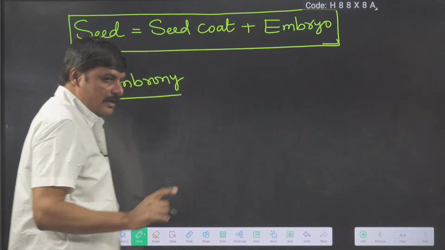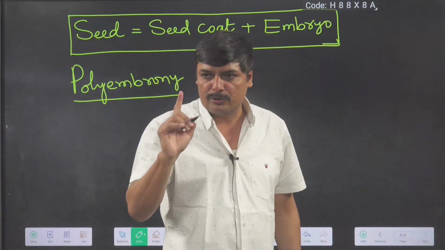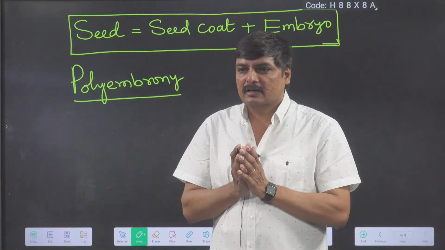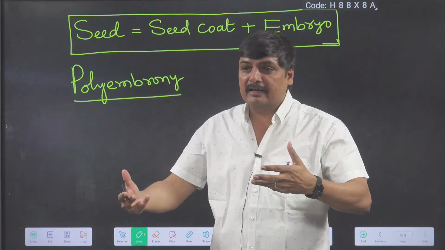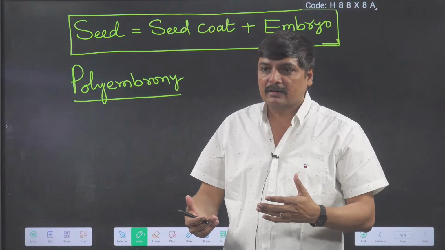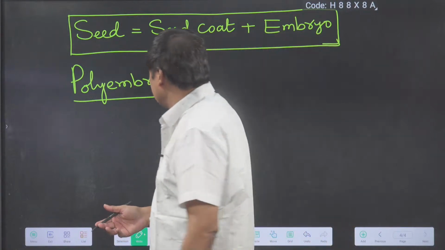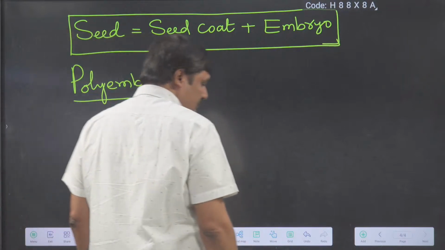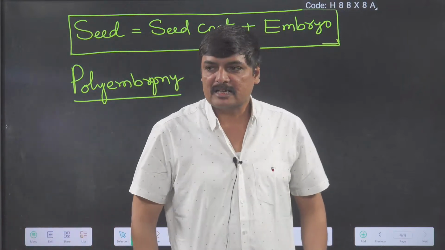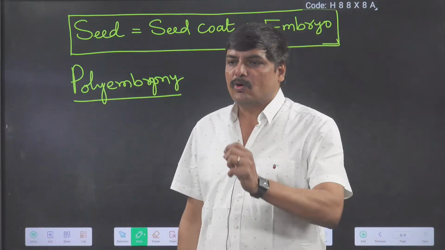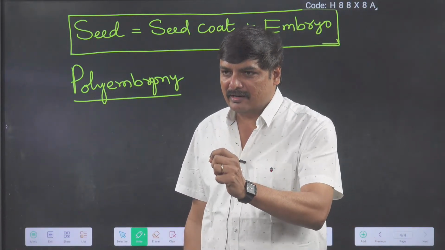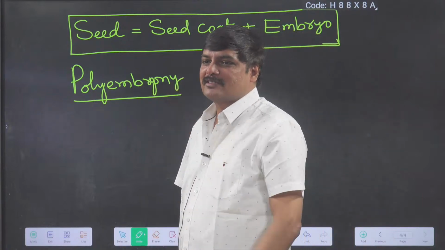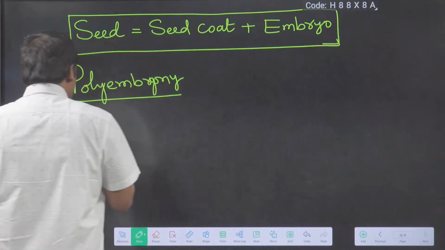Generally, a seed contains a single embryo. However, in some species, occasionally, rarely, it may contain more than one embryo. Such phenomenon is called polyembryony. Okay. Now, embryo contains two parts.